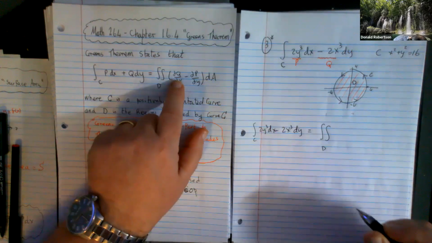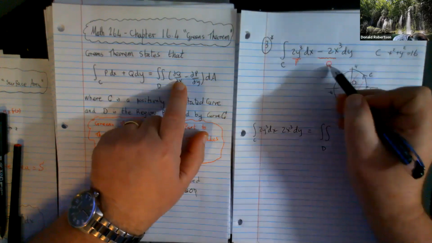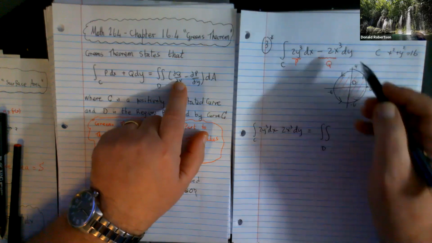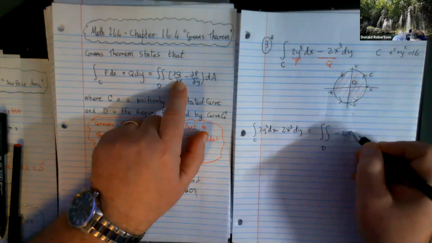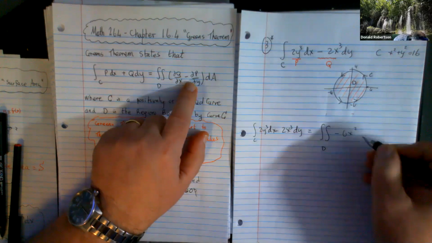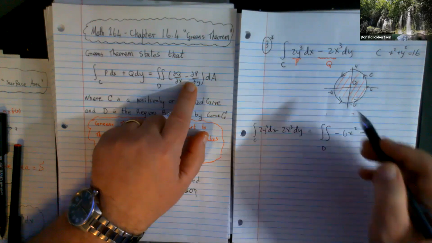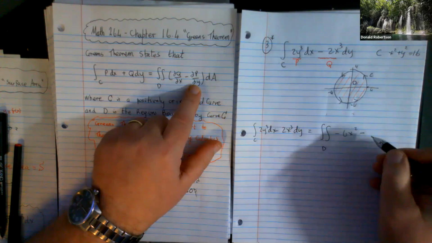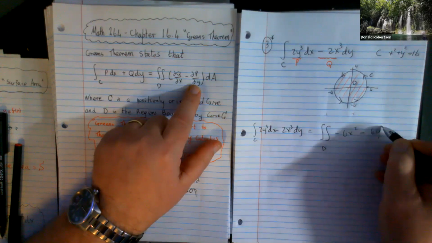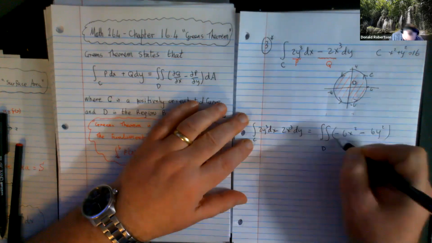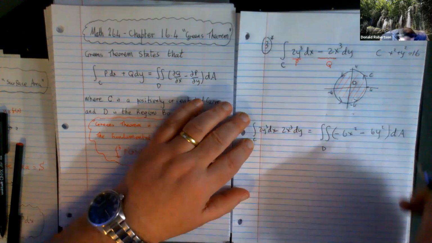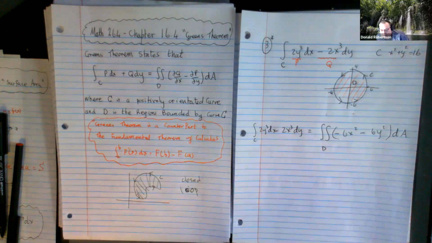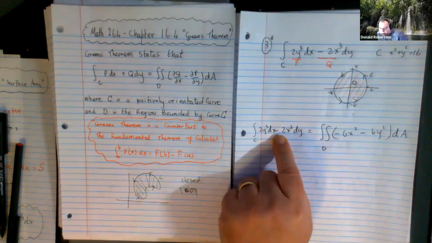If you differentiate this guy with respect to x, you get negative 6x squared. Subtract, if you differentiate this guy with respect to y, you get 6y squared dA. So this line integral has the same value as this double integral.